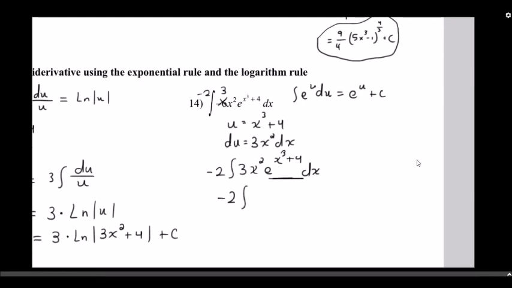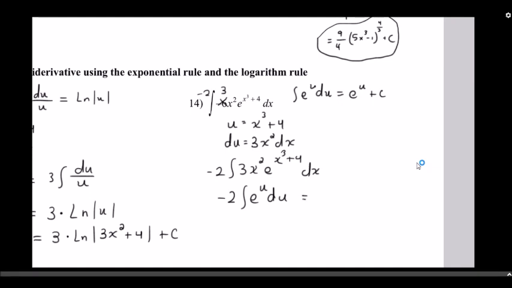This term right here, e to the x to the third plus 4, I'm going to rewrite as e to the u. And then the 3x squared dx, I can replace that with du, and then this can follow that definition now. The integral of e to the u du is equal to e to the u.